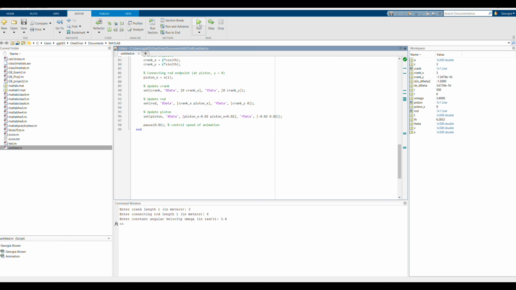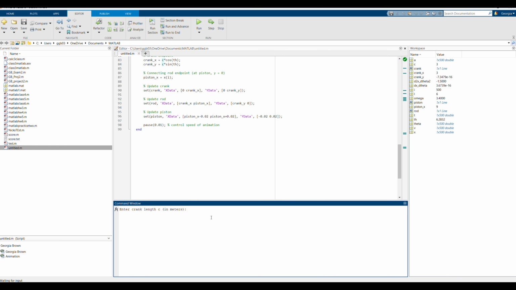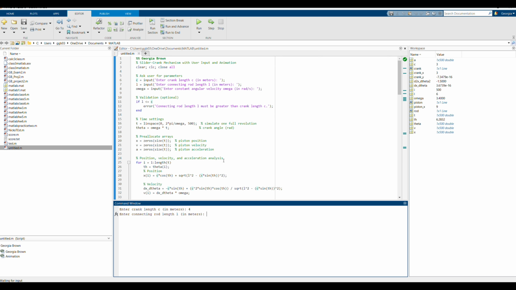So if I run this, enter crank length and rod length, and if I did something that was less than the crank, it would give me an error and have me redo it. Same if you just type something in wrong.